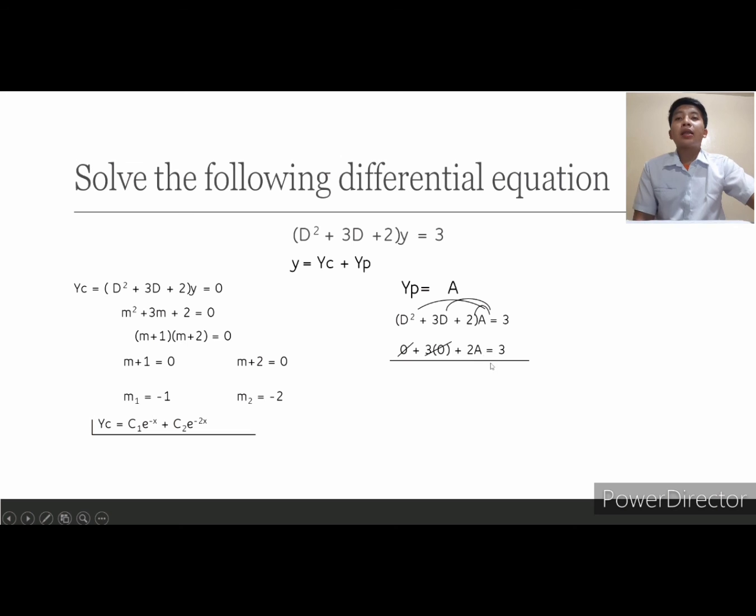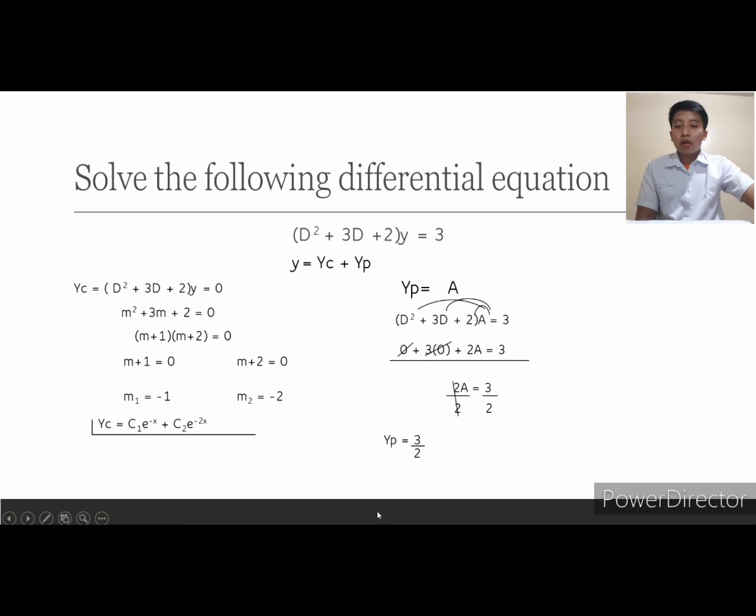So i-divide po natin by 2. Yan po. So pag yari po na to, i-cancel po natin to. Then makukuha na po natin si a ng a = 3/2. So si a, babalik po natin kay yp. So yp, nakuha na po natin si yp. Ang value po ni yp is 3/2.